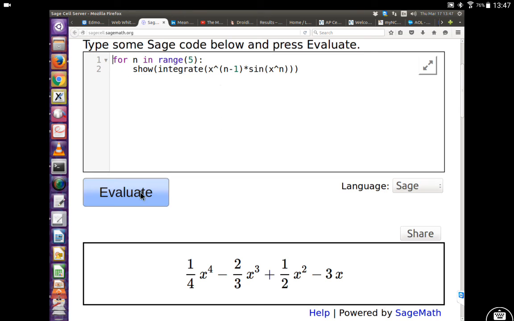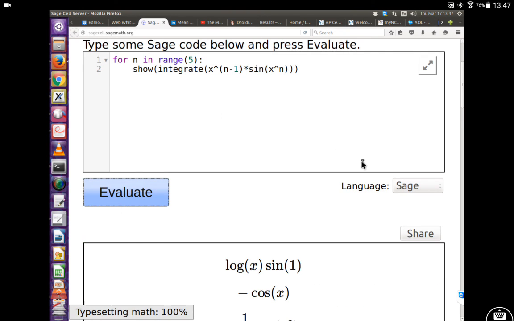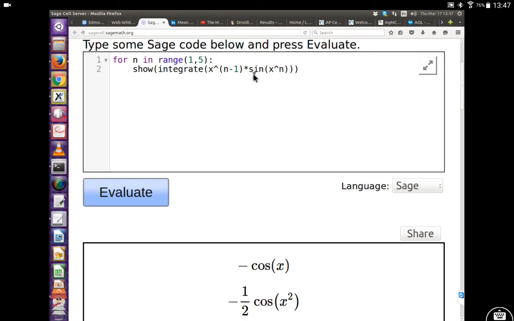So let's run that. Alrighty, now I didn't really want to start with 0 through 4. How about if I do 1 comma? It'll still stop at 4, but it'll start at 1. So n starts at 1. So I'm going to have x to the 0 times sine of x to the 1. The antiderivative is basically x to the 0 is 1 times sine of x is sine of x.